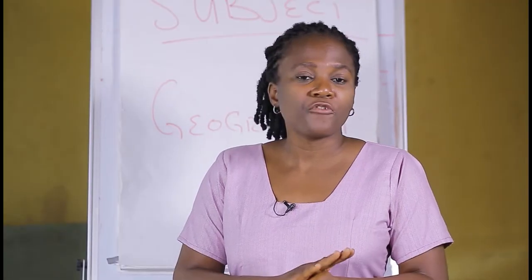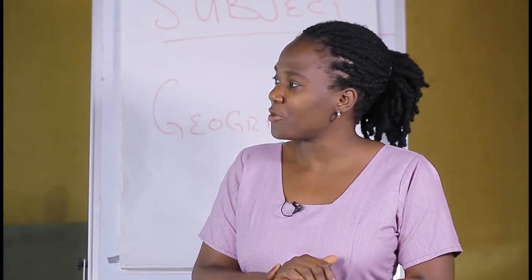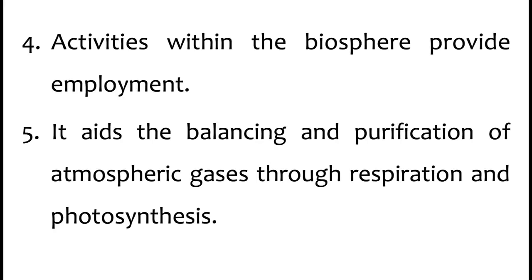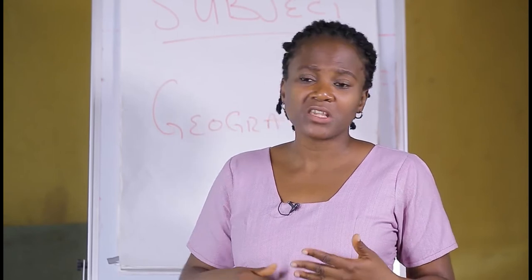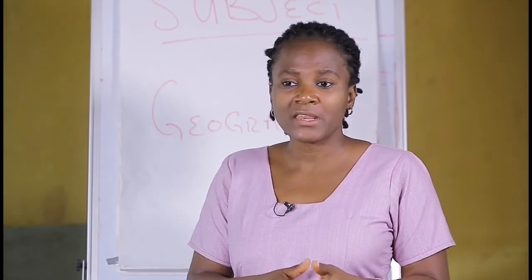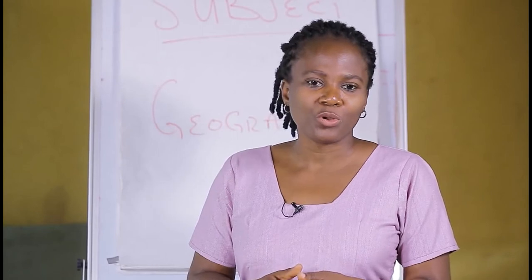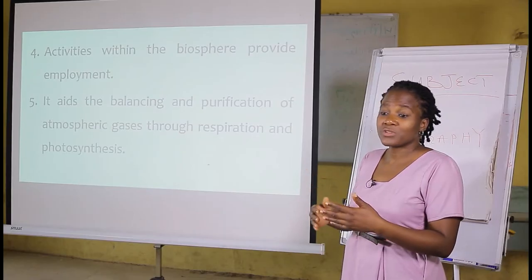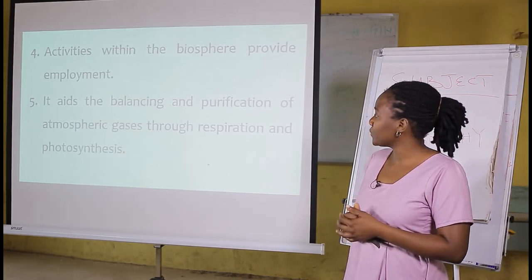Firewood is gotten from trees, and trees are part of the biosphere. Four, activities within the biosphere provide employment. We have different kinds of farming. We can't just say farming. There are several types: fish farming, agriculture, specialized agriculture. If you go deeply into that, you hear so many terms being used to describe agriculture.